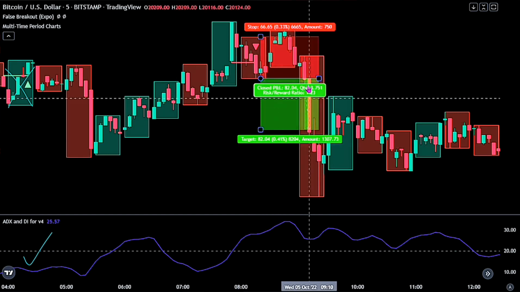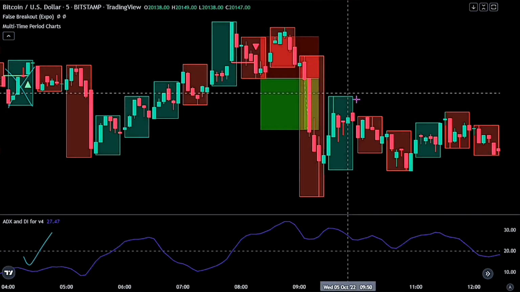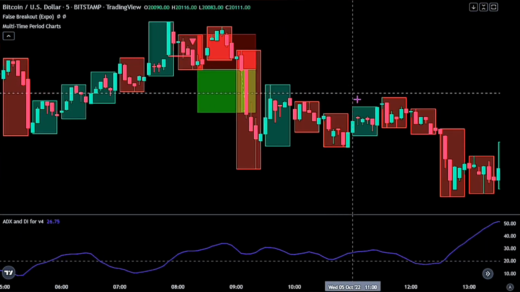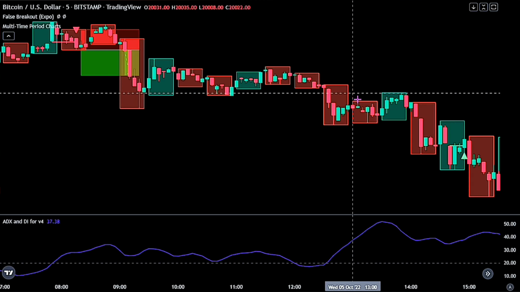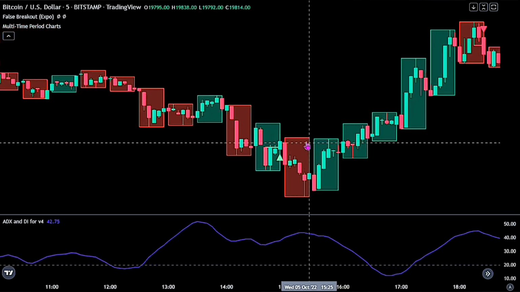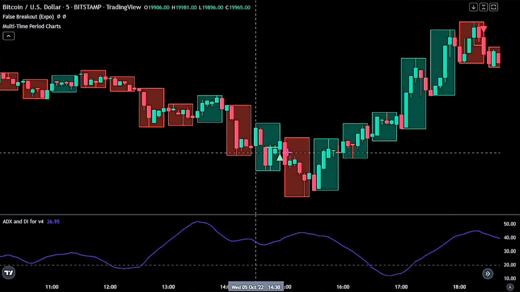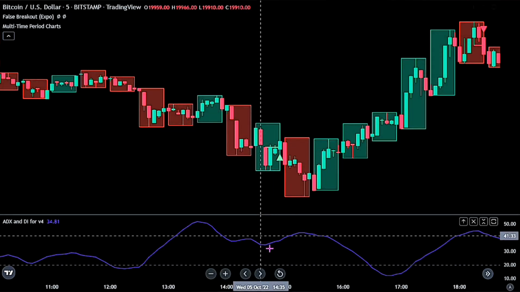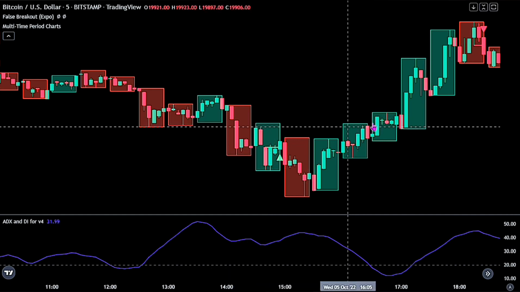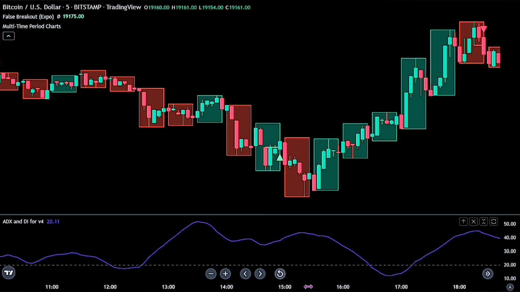And we can see it was successful. We see we got another one here, and conditions were also met. This trade would have also been triggered at this point, and we see we had the trade in our favor.